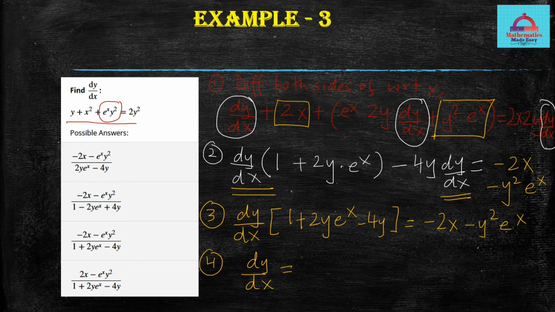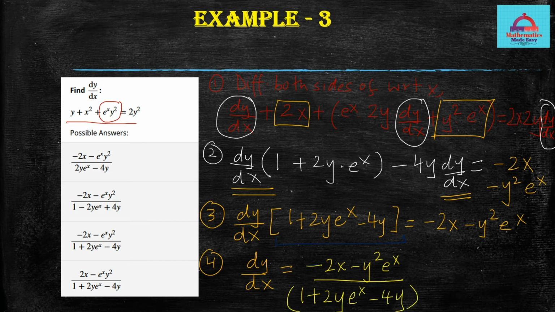We are going to divide both sides of the equation with this bracket term, that is 1 plus 2y e to the power x minus 4y. That gives us the final solution as negative 2x minus y square e to the power x divided by 1 plus 2y e to the power x minus 4y.